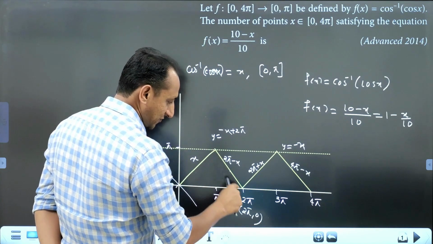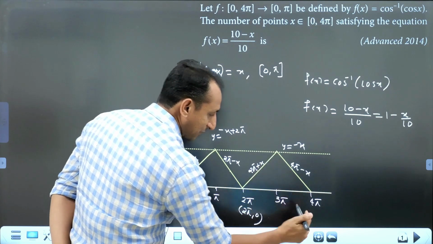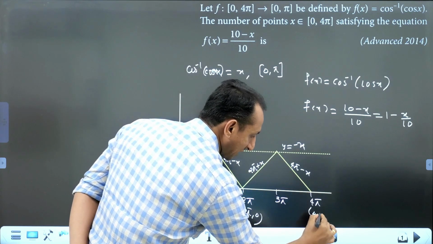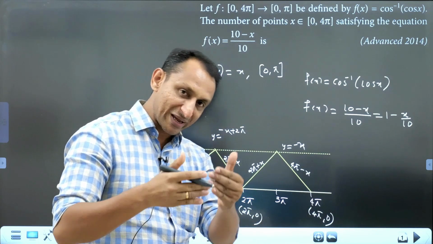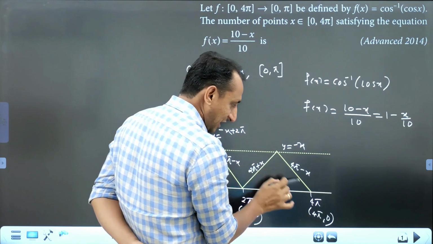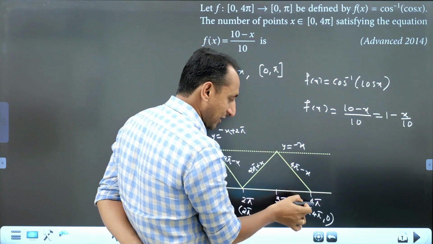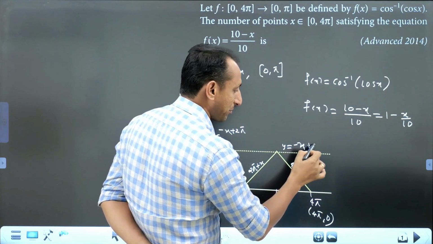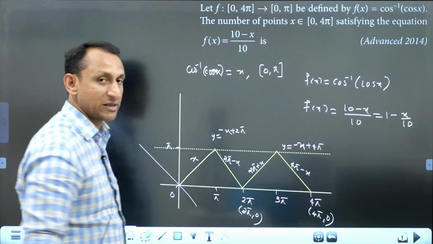So this function is of the form 2 pi minus x. This point is 4 pi comma 0. That means we put x equal to 4 pi, answer is 0. This graph is of the form y equal to minus x. I substitute 4 pi here, plus 4 pi minus 4 pi, answer becomes 0.